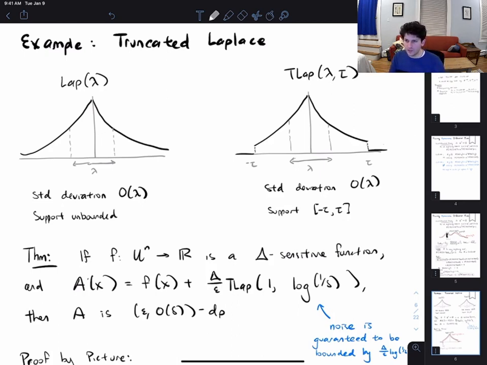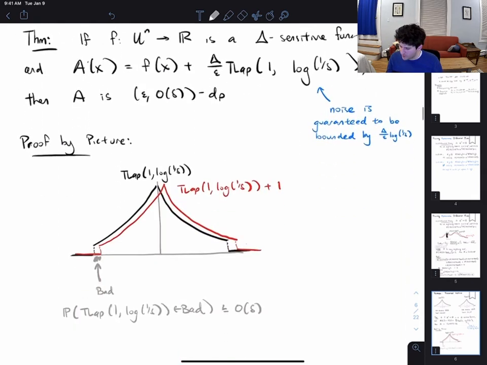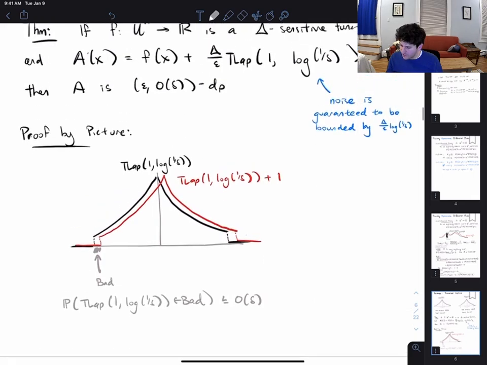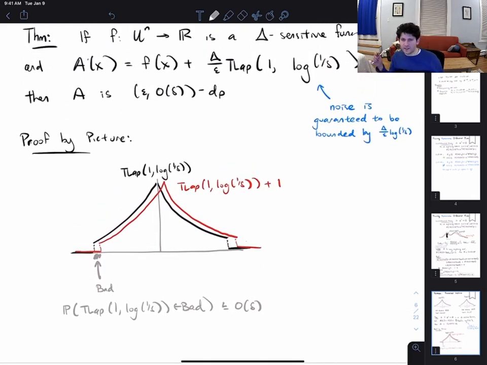I think we'll give this as an in-class exercise to prove, but let me sketch it with a proof by picture. Say the black curve is a truncated Laplace, and the red curve is that same truncated Laplace shifted over to the right by 1. What you can see is that the ratio is no longer bounded, because there's a little region where the black curve has non-zero probability and the red curve has 0 probability.